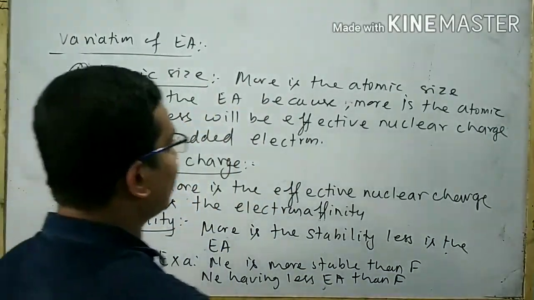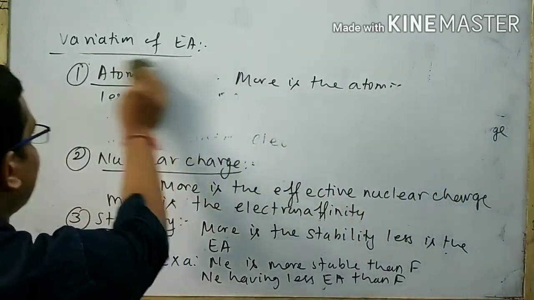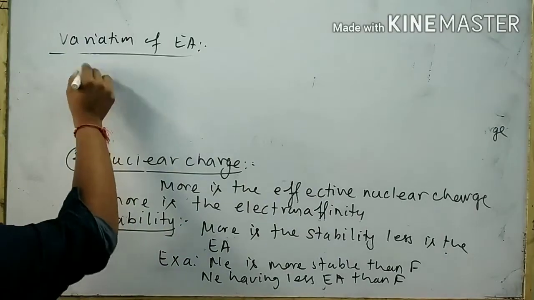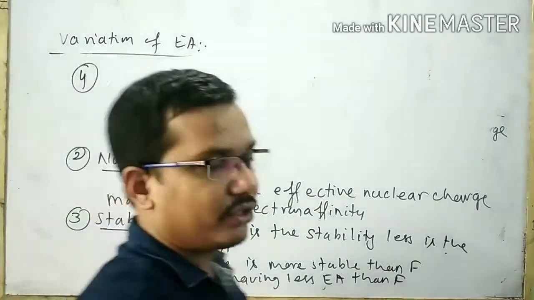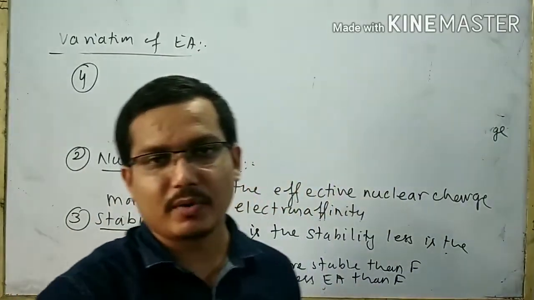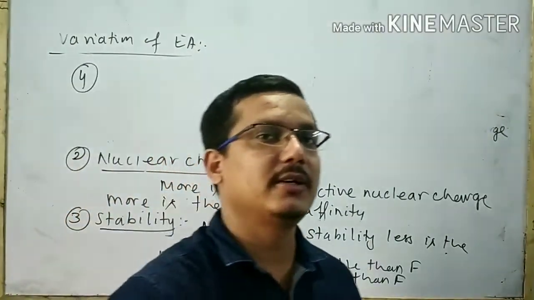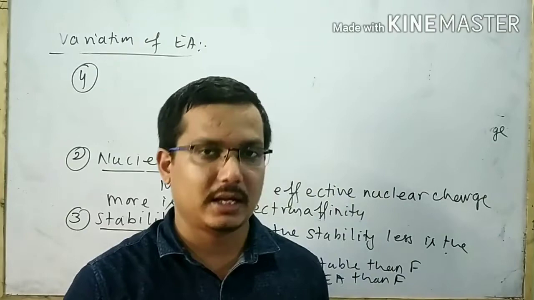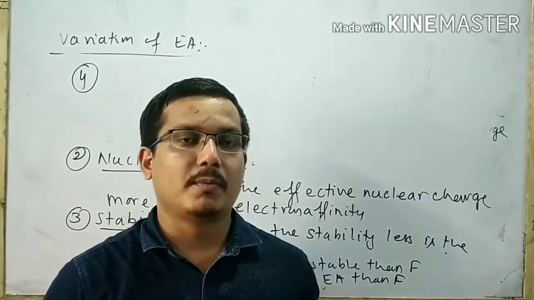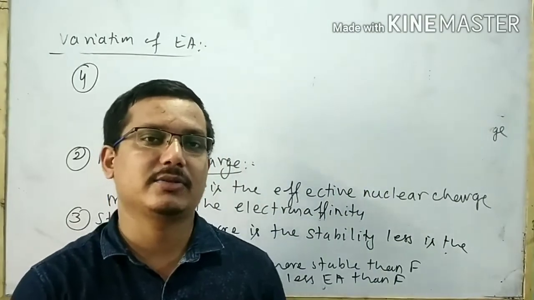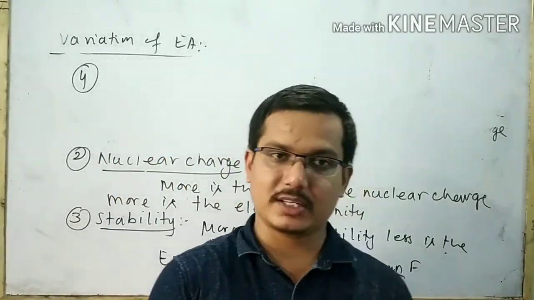Next I will think about the penetration power. Fourth factor is penetration power. In the previous class we already discussed the penetration power. Penetration power means the ability of an orbital to attract the electron. That means more is the penetration power, we think that more is the tendency to attract the electron towards itself.